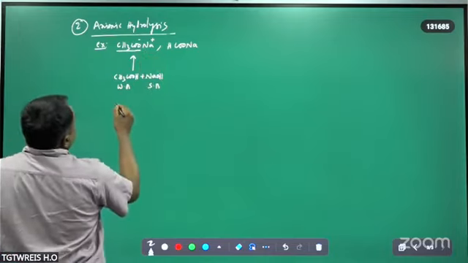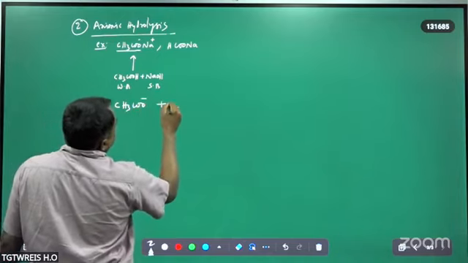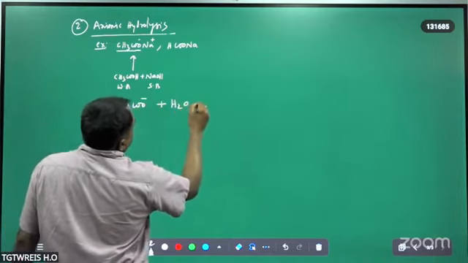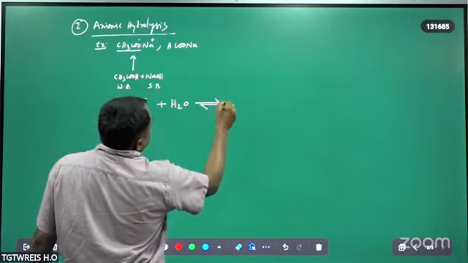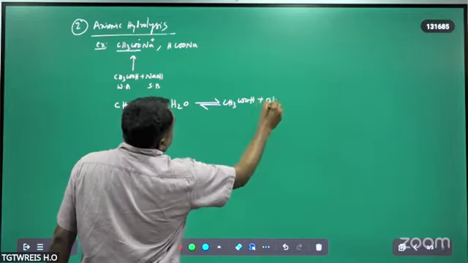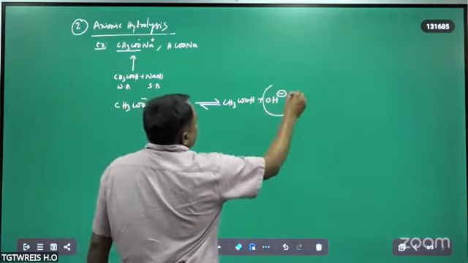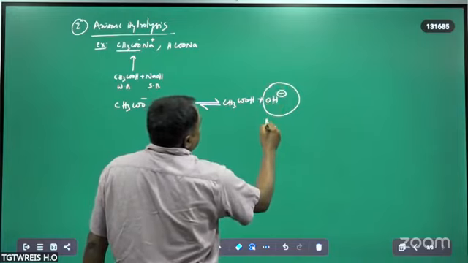The anion of the salt undergoes hydrolysis, and now you get CH3COOH plus OH minus. In the solution you get this type of ions, which means basic in nature.